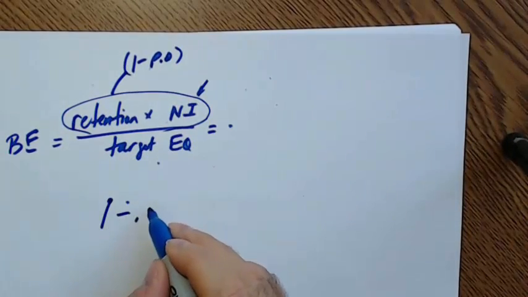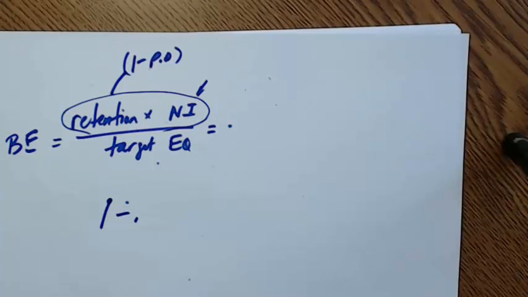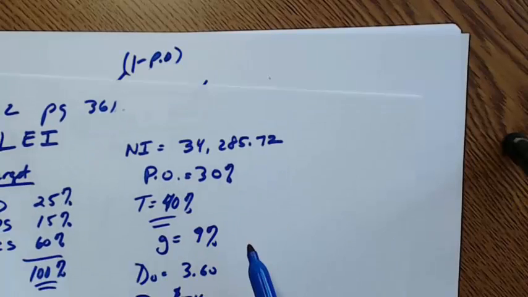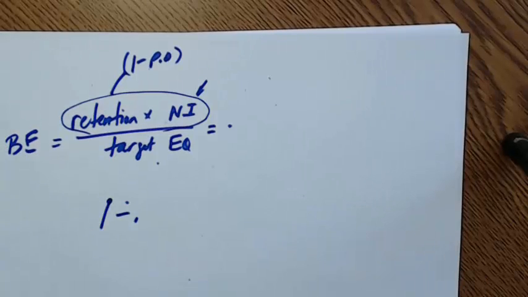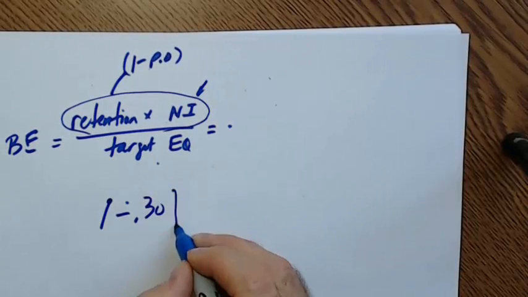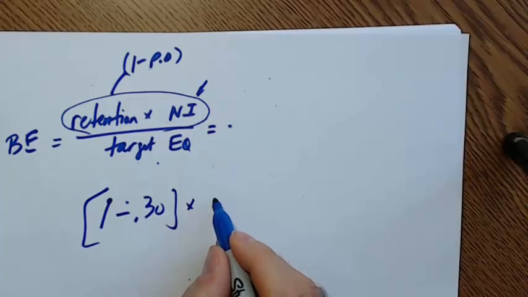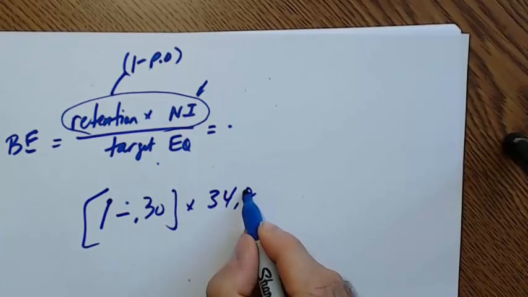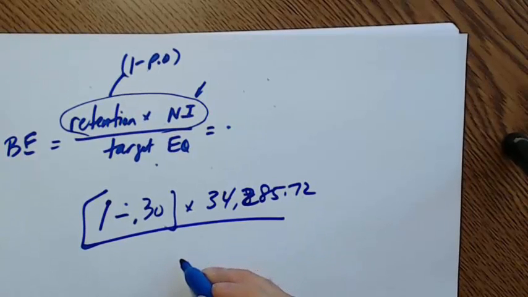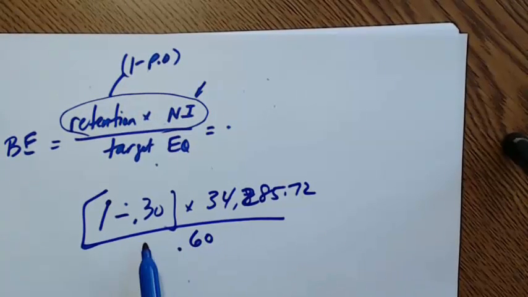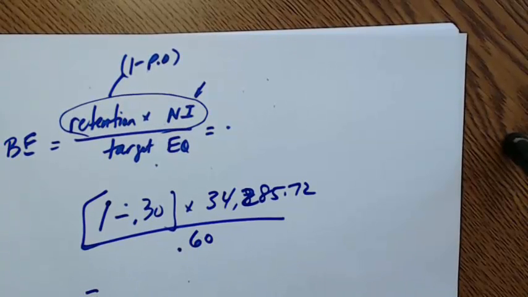So 1 minus the 30% payout ratio. 1 minus 30, that's 0.70, times the net income of 285.72, divided by the target of 60% weight in equity, and we end up with $40,000 as the break-even point.